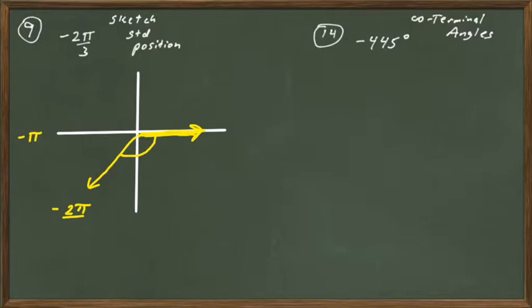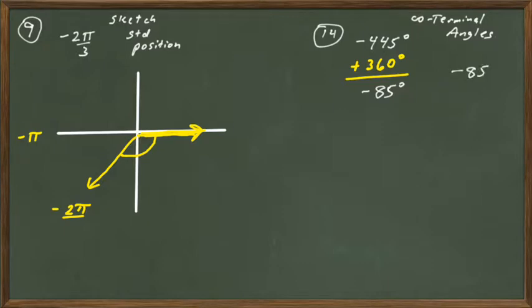14 wants coterminal angles. I usually ask for one positive and one negative. You can get that by adding or subtracting 360 degrees or 2 pi radians. So if you add 360 degrees, I think that gives you negative 85 degrees.